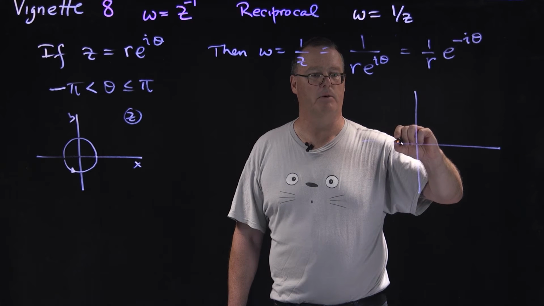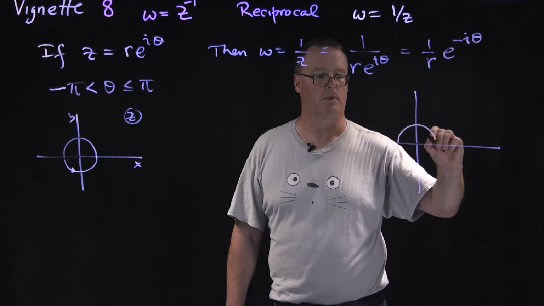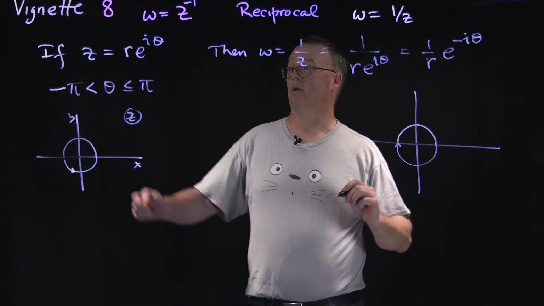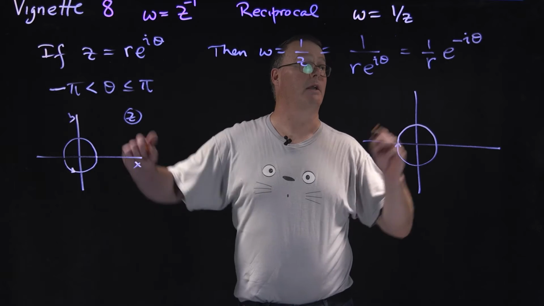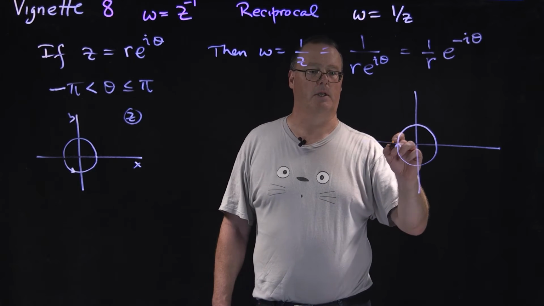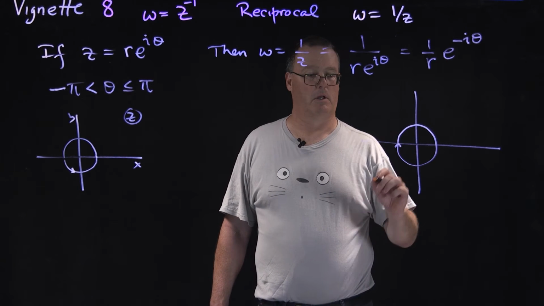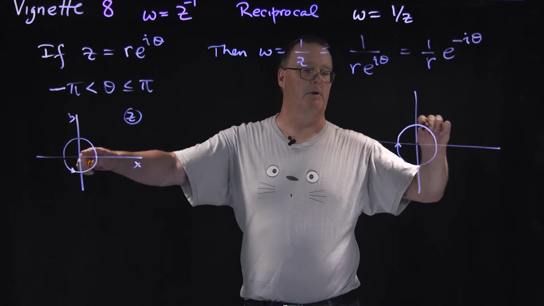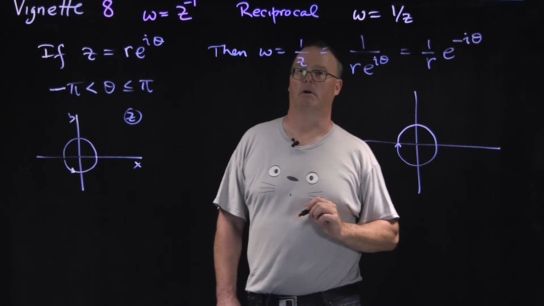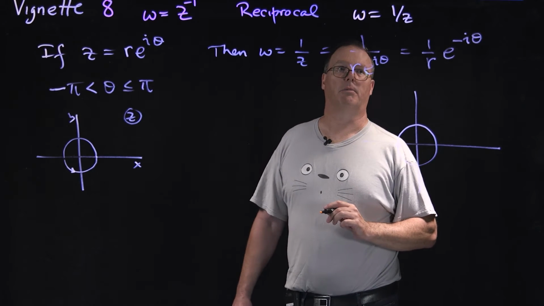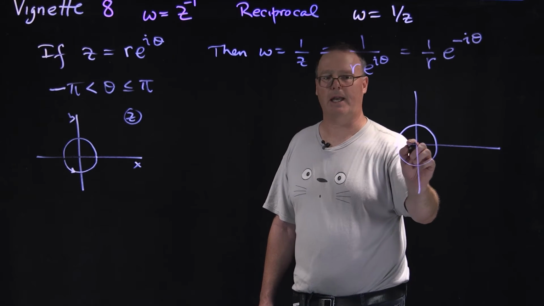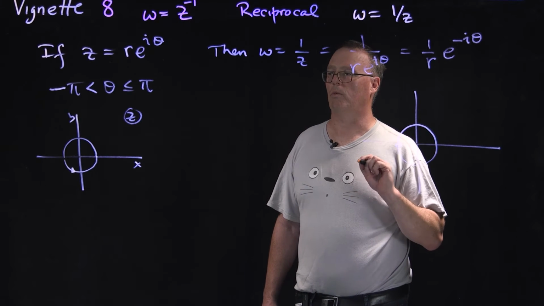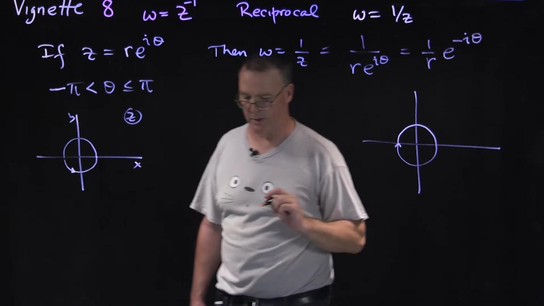But now we're going to be going in the other direction, because if theta is increasing here, then minus theta is decreasing. And we start just above pi, and we go around and we touch on pi here. So that's actually going to give us a headache on the negative real axis. But other than that, the reciprocal is fairly straightforward.